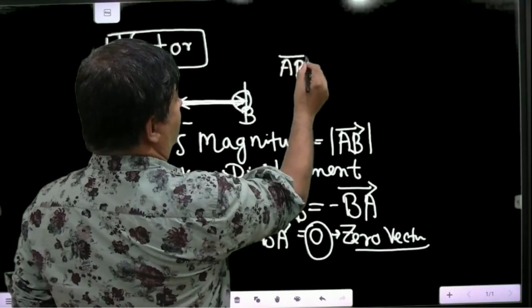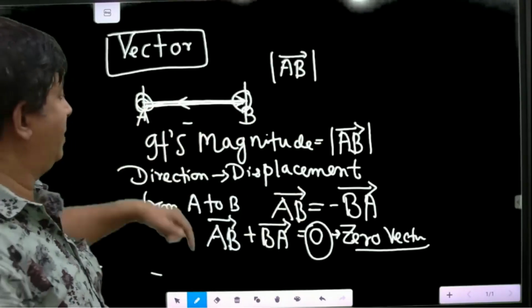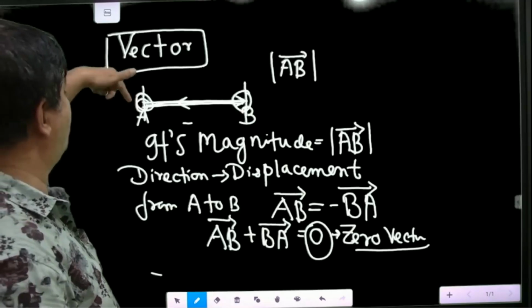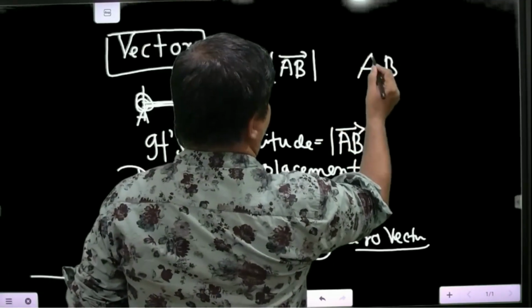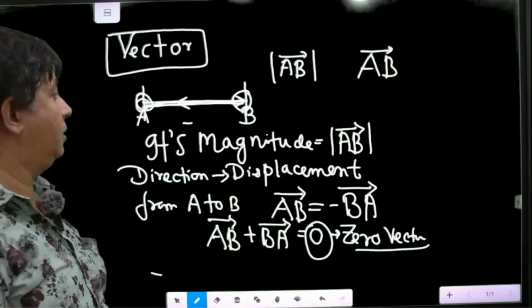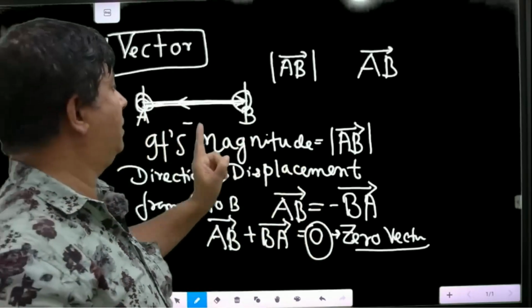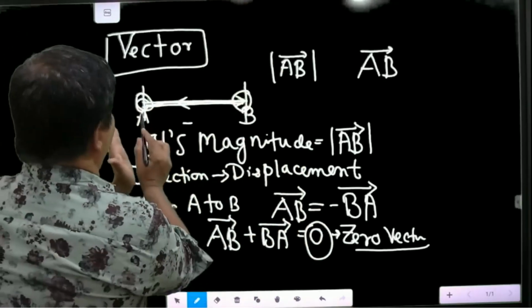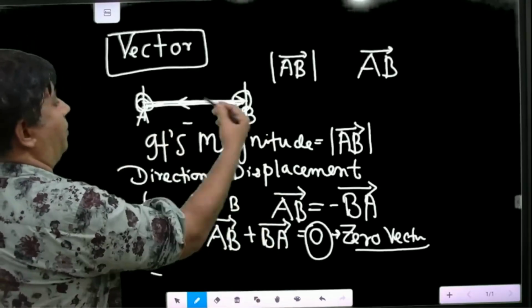Once you get magnitude AB, what will be the direction? It moves from A to B. Now, the question is, can I put equal to sign? No, because this is a scalar value, only magnitude. But once it displaces from A to B, that means we have the direction from A to B.